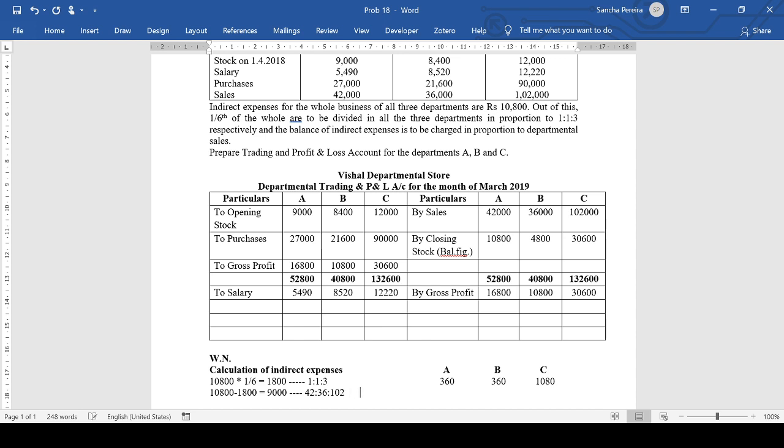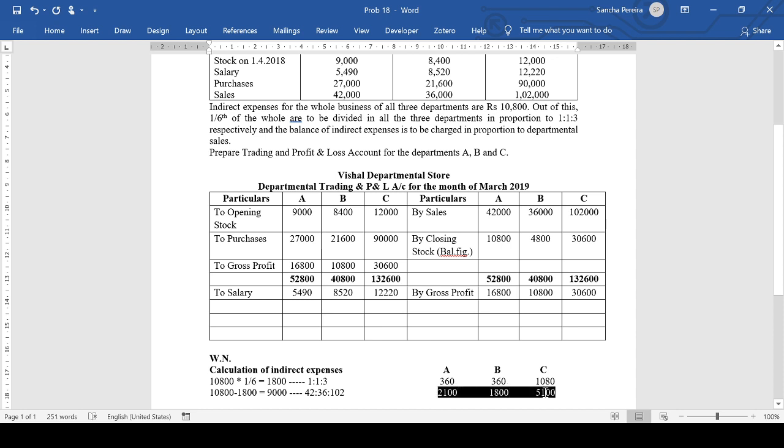So 9,000 into 42 upon the total of these three, 9,000 into 36 upon the total, and 9,000 into 102 upon the total. If you do that calculation, you will get 2,100, then 1,800, and 5,100. Whatever it is, these three put together have to come to 9,000.